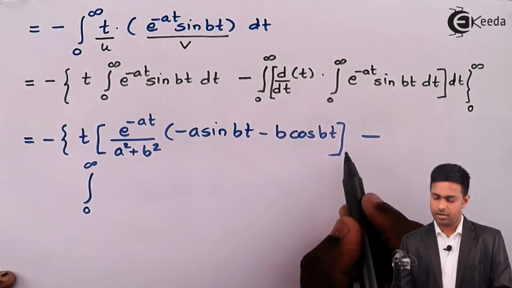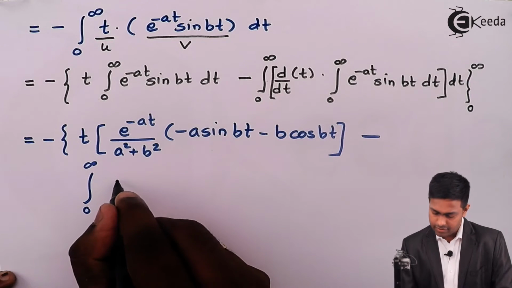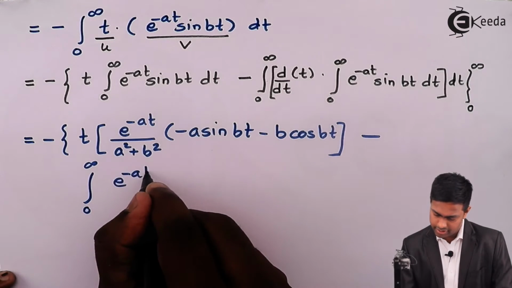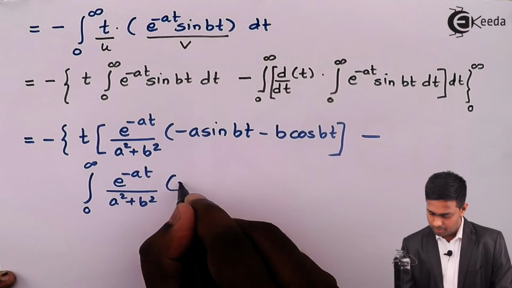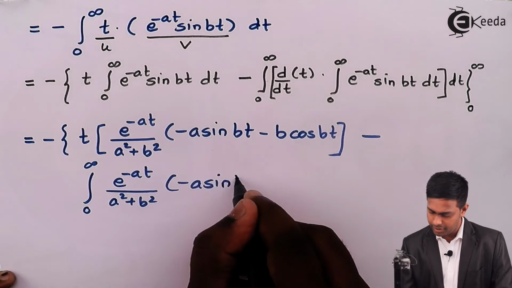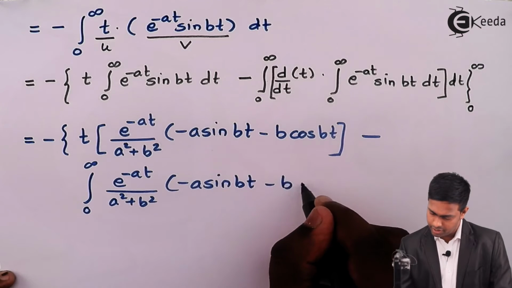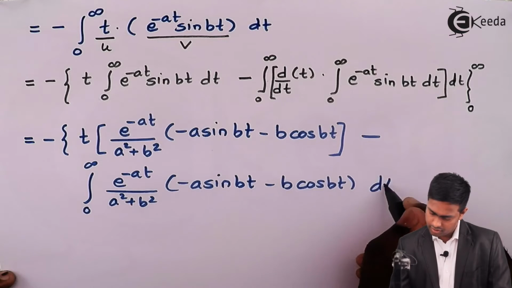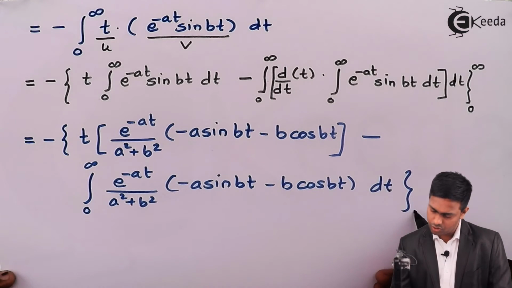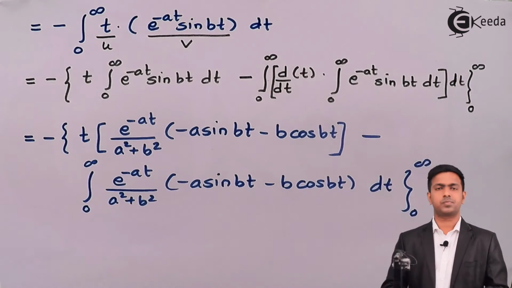The derivative is 1, and here we will get the same term, that is e raised to minus at upon a square plus b square, minus a sin bt minus b cos bt into dt, and this is from 0 to infinity.